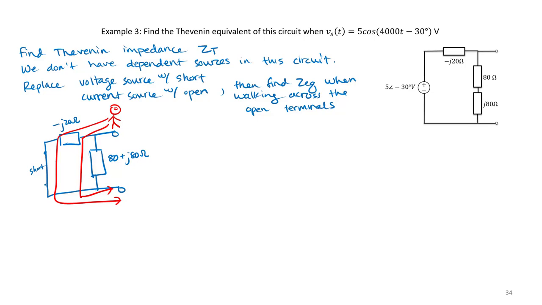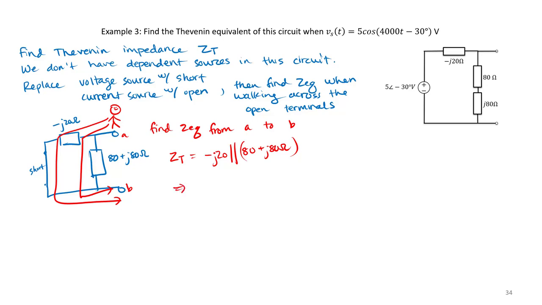So notice I need to find the equivalent impedance when walking from A to B. And so we see that in this case, the two impedances are in parallel with each other. So our Thevenin impedance will just be whatever the parallel value of those two impedances is.